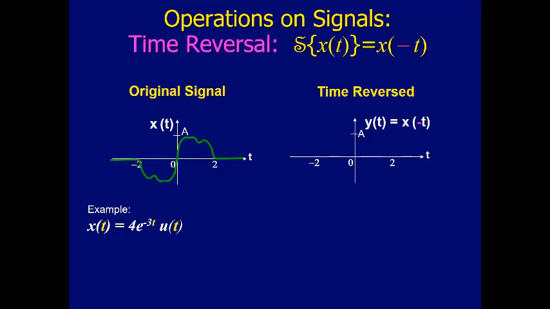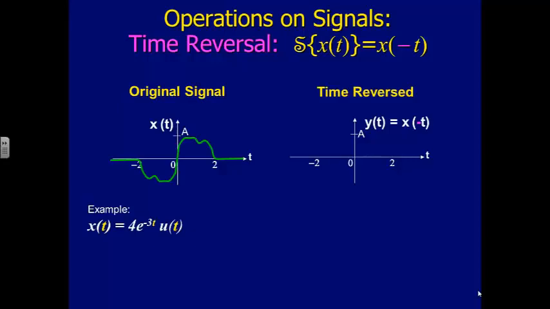Time reversal is a special case of time compression or expansion where our alpha has a negative value. In the case of time reversal, it works the same way, except we're not changing the width, but what we're doing is changing the direction of a signal. We do that by replacing all time arguments in our analytical mathematical function describing the signal with minus t instead of t.